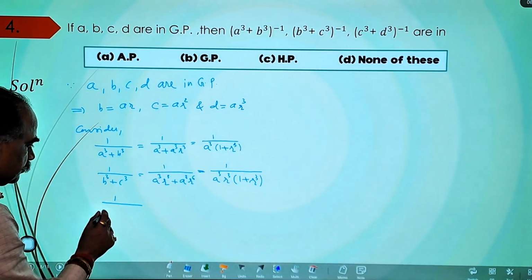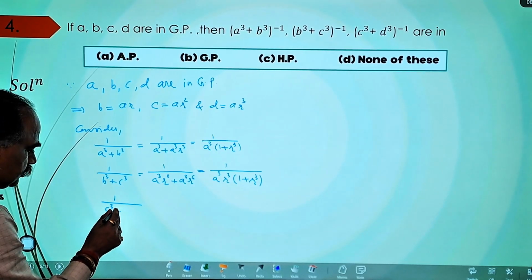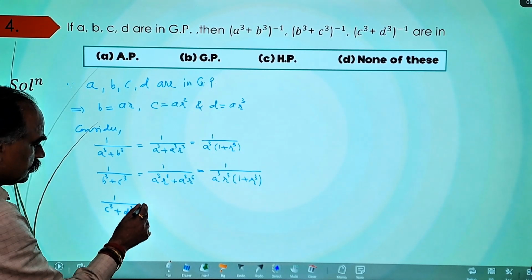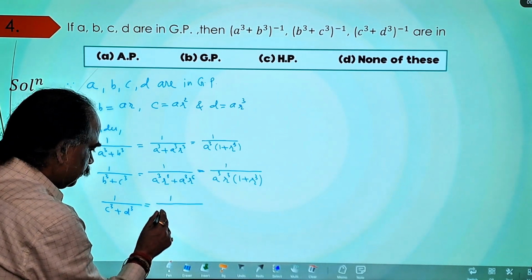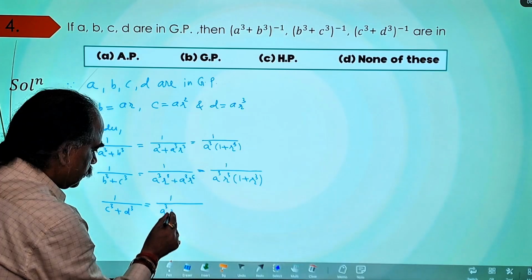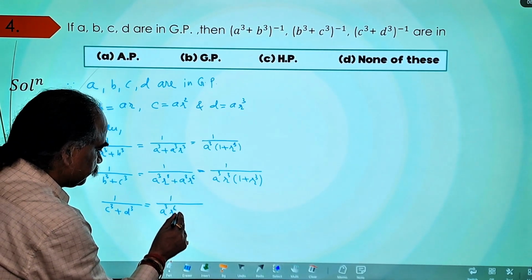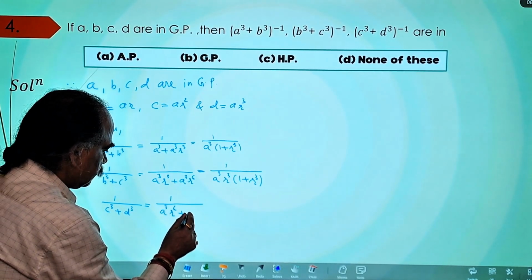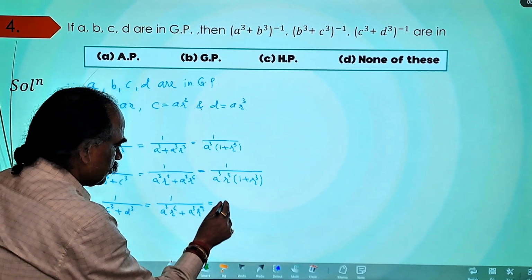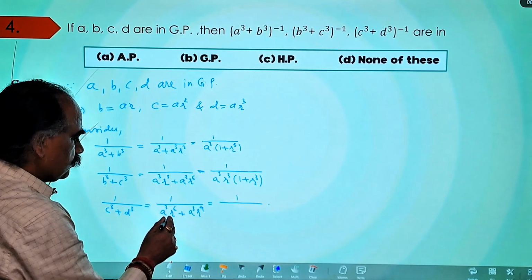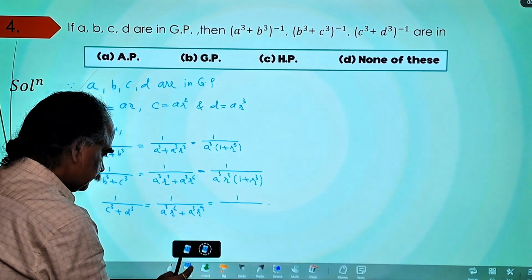And 1 upon C cube plus D cube will give you 1 upon A cube R raised to 6 plus A cube R raised to 9. 1 upon A cube R raised to 6.